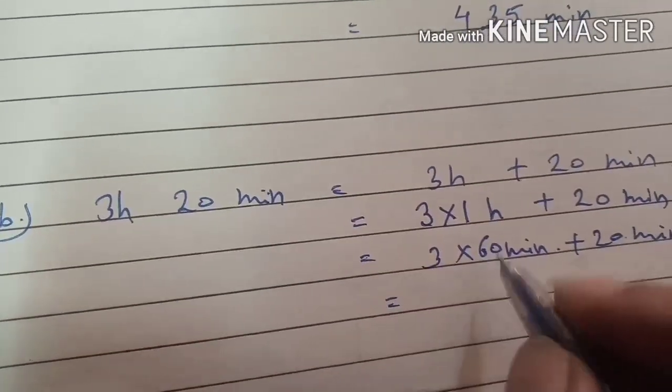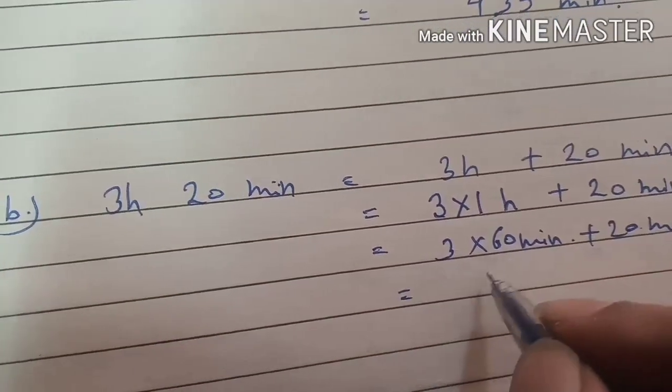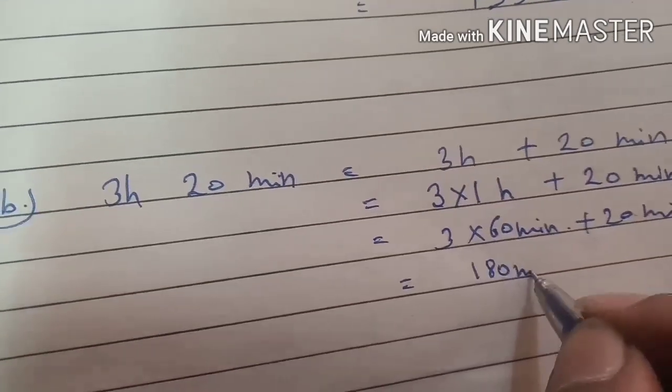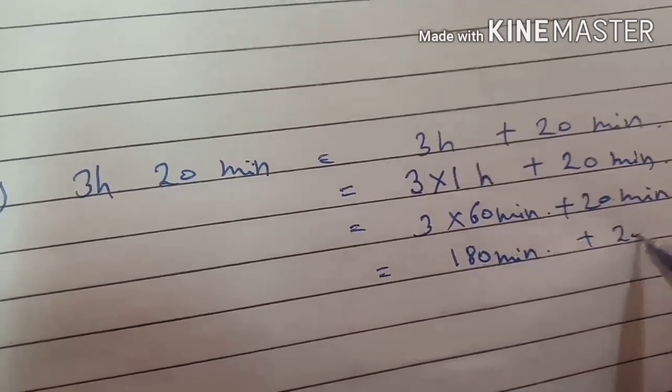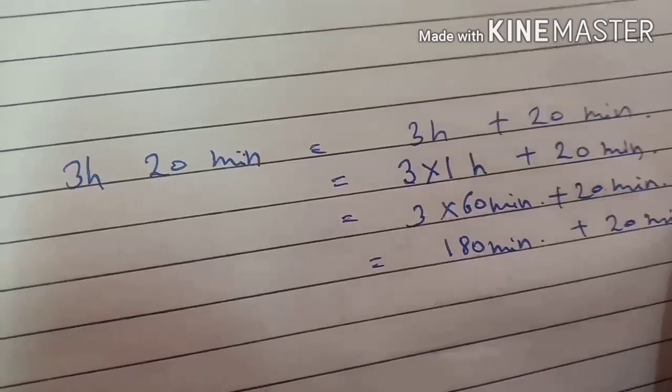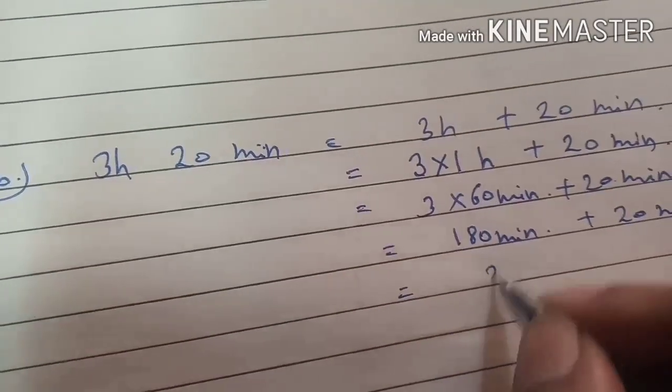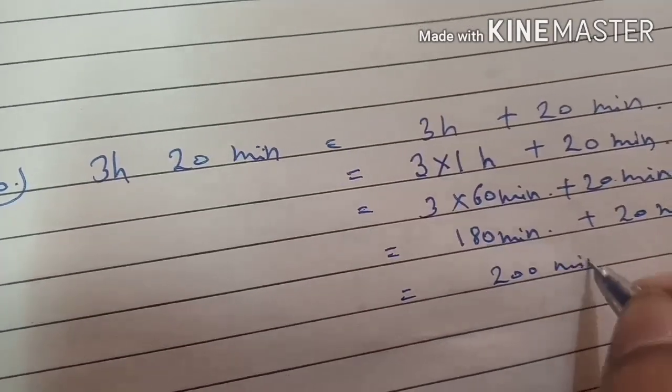Now we will multiply. When we multiply 3 by 60, we get 180 minutes. Now 180 minutes plus 20 minutes. Now we will add, so our final answer will be 200 minutes.